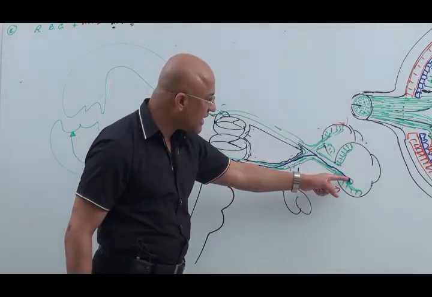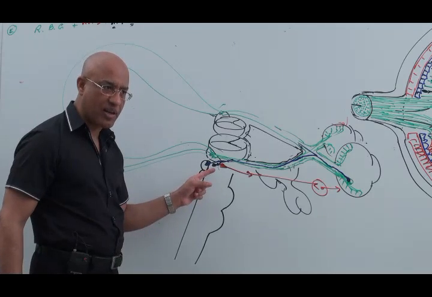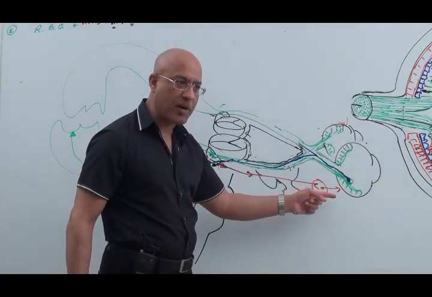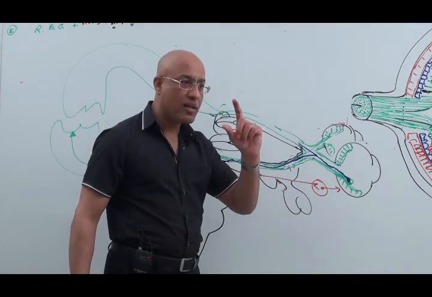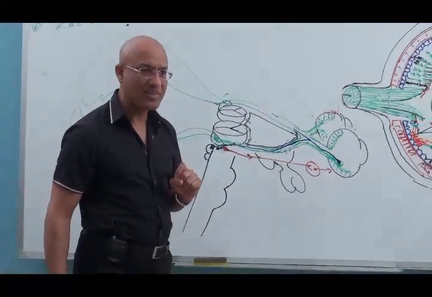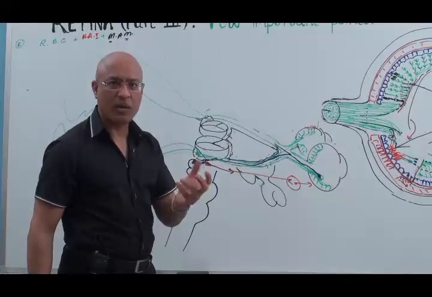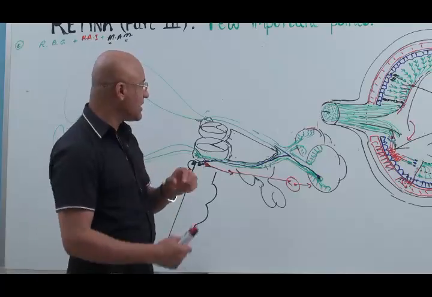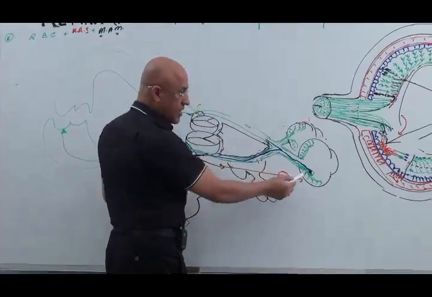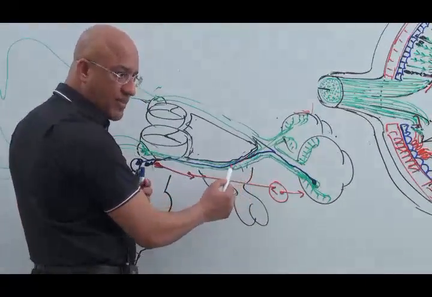So it means these ganglion fibers are giving information at a subconscious level to the midbrain to activate the motor pathway for the light reflex and accommodation reflex. Is that clear? For the light reflex, and also contributing to the accommodation reflex. Right? Then one more pathway I will tell. Green pathways are the visual image making pathway. This was for the accommodation reflex and pupil.